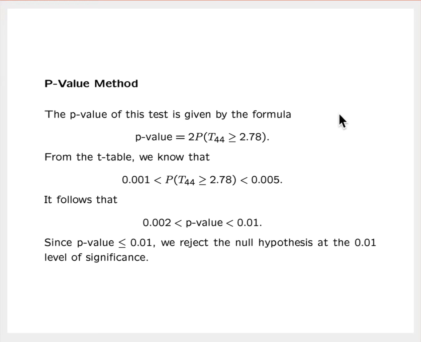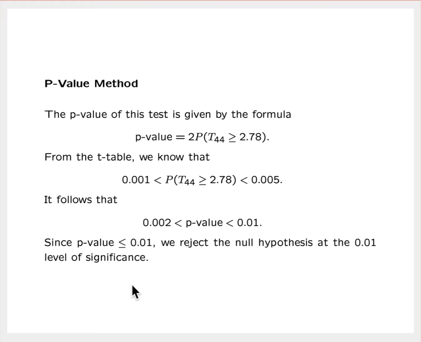Now, from the t-table, we can tell that this probability is between 0.001 and 0.005. Now, the p-value is twice that probability, so if we multiply everything in this string of inequalities by 2, we get the result that the p-value must be greater than 0.002 and strictly less than 0.01.